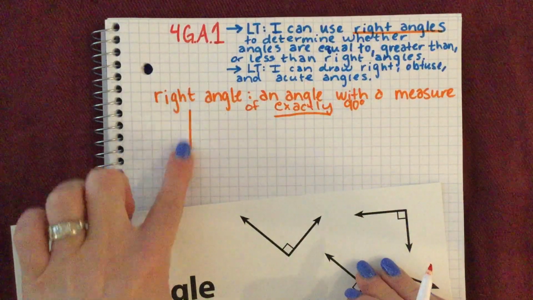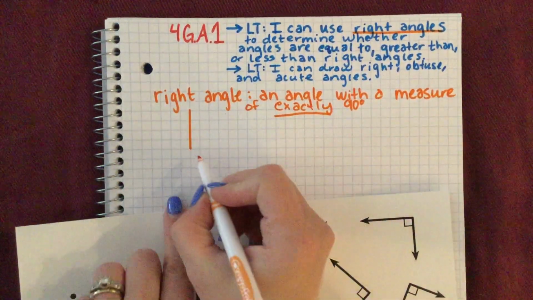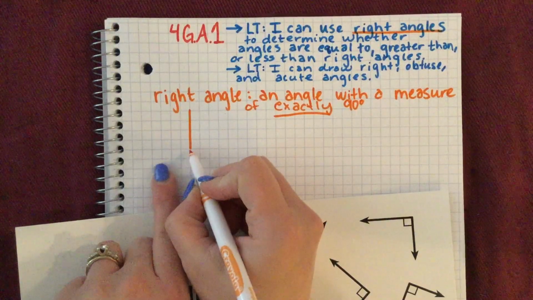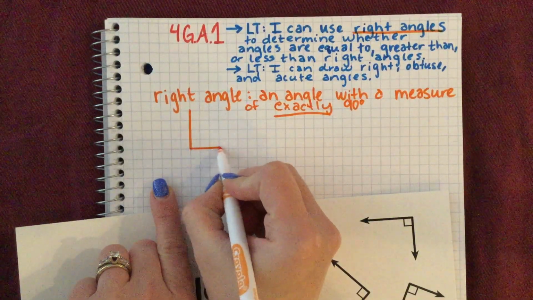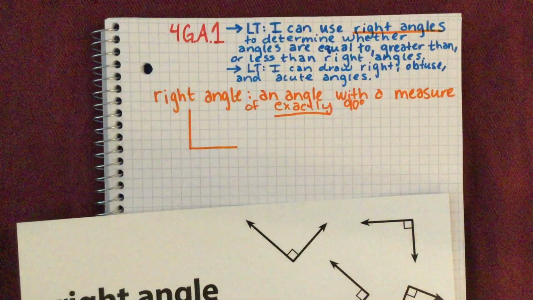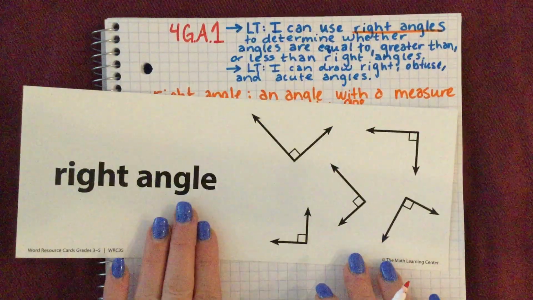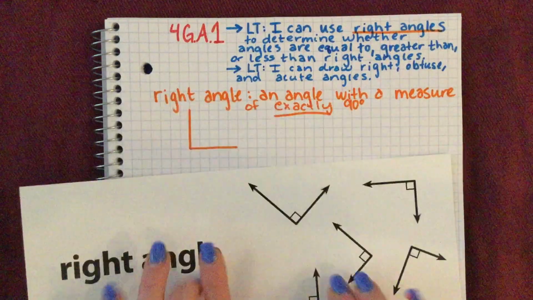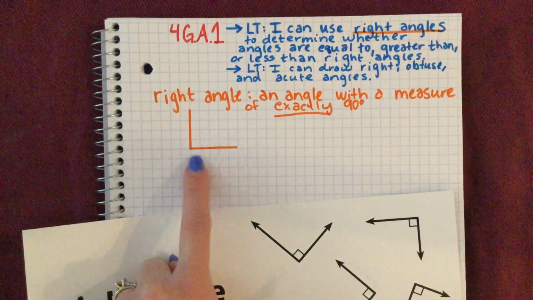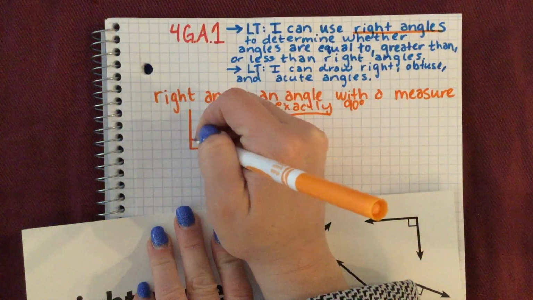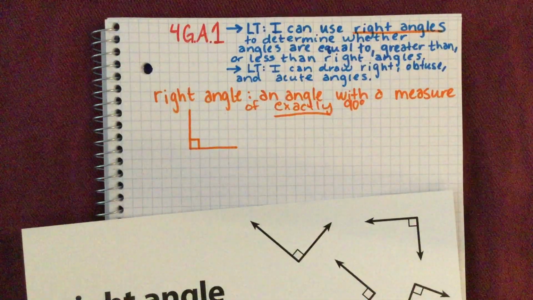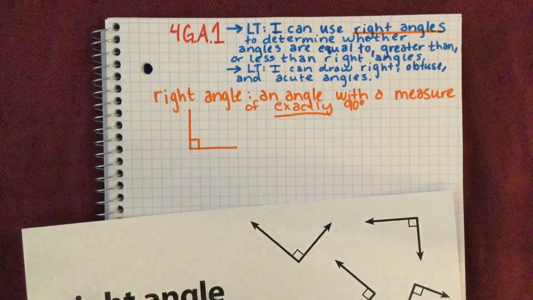You can see it straight up and down. And here's my second line segment starting at this endpoint right here. So it looks a lot like the letter L. Remember, this could be turned or moved any direction as long as it has exactly 90 degrees right here, and that means I can form a perfect square. So this is a right angle.